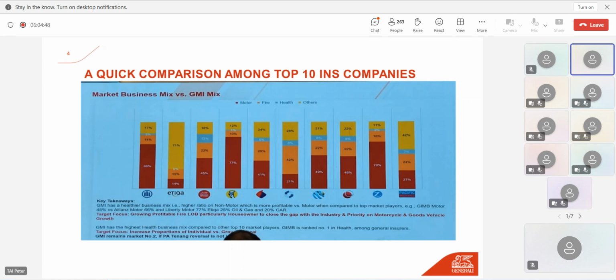And then of course you look at the other classes. A lot of the other insurance company, they are not doing very well on the miscellaneous, because miscellaneous classes or the other classes normally is hovering around 20%. Okay, but there's one particular company that's doing 71%. Or there's another company that's doing 42%. So basically, these are also all quite volatile businesses.